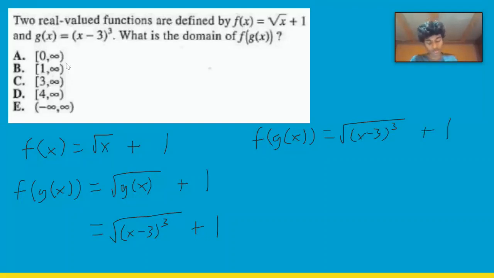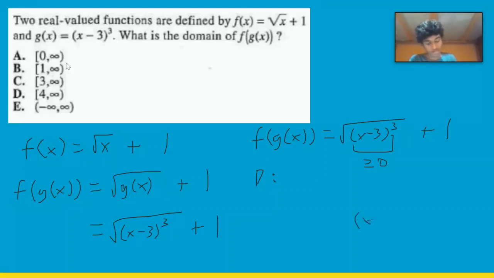So what are all the possible x values for this function? Well, we have a radical, a square root, so we need to make sure that everything under the square root is greater than or equal to 0. So we have this x minus 3 cubed, and we need to make sure that this is greater than or equal to 0, because we cannot have a negative value under the radical.